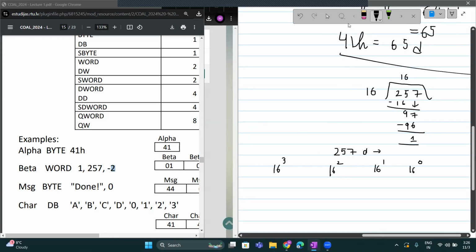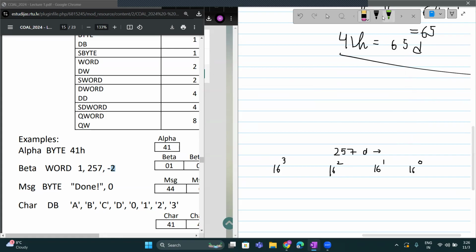So usually what we do is we estimate what highest power this can go. So 257 is basically closest to 16 square. So that's why we usually divide it with 16 square, which is 256.